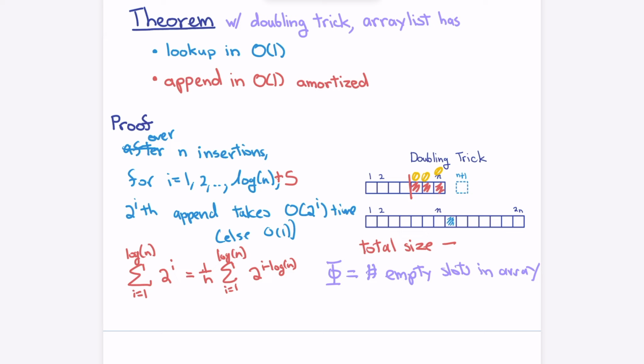Fraction of slots filled. Okay. Fraction of slots filled means what? But that's always between 0 and 1. So I want to argue that when I double things, hmm.